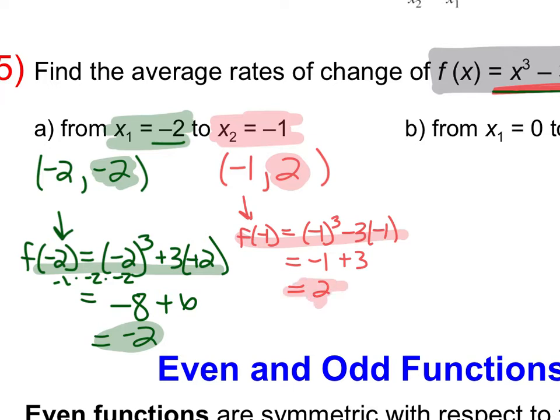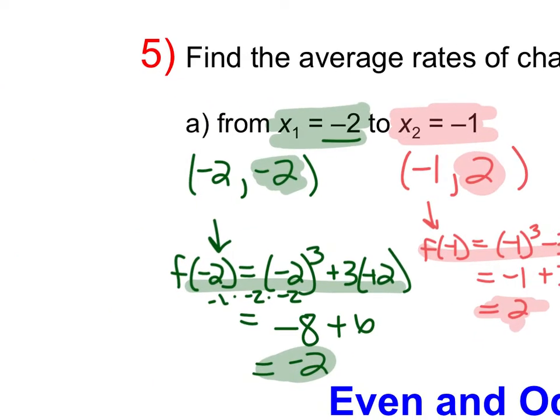So now that we have those 2 points, we can use our slope formula. I'm going to call this still x1, y1, just because that's consistent with what we've done. Remember, here the y1 would be the same as f of x1, and then this y2 is the f of x2. Oops, these should be 2's, sorry. There we go. So if we find the slope there, using our slope formula, we'd get 2 minus a -2.